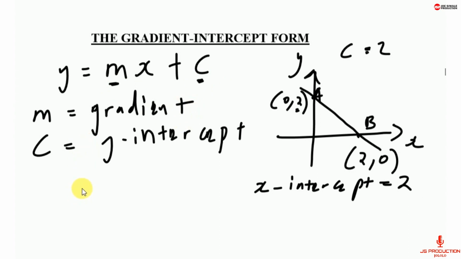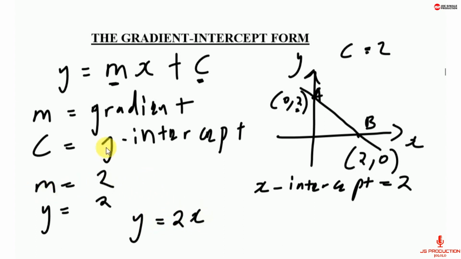For example, if the question says your gradient is given as 2 and your y-intercept is given as 2, you can say that your equation of your straight line will be y is equal to 2x, since the gradient is 2, so we replace m with 2, plus c. We know that's the y-intercept, and we've been given the y-intercept as 2.